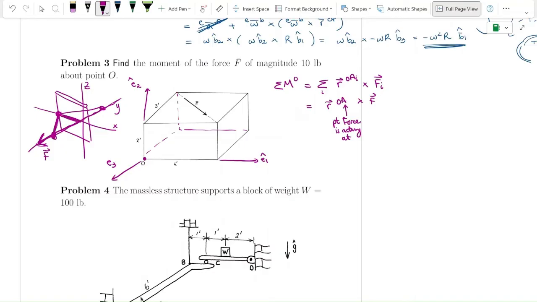And thus, no matter where you go along this line, the perpendicular component is always the same. It's just the longitudinal component that changes. But that gets canceled out in the expression for moment because moment only considers the direction perpendicular to the force. So that's why you can choose any point along this line of action.